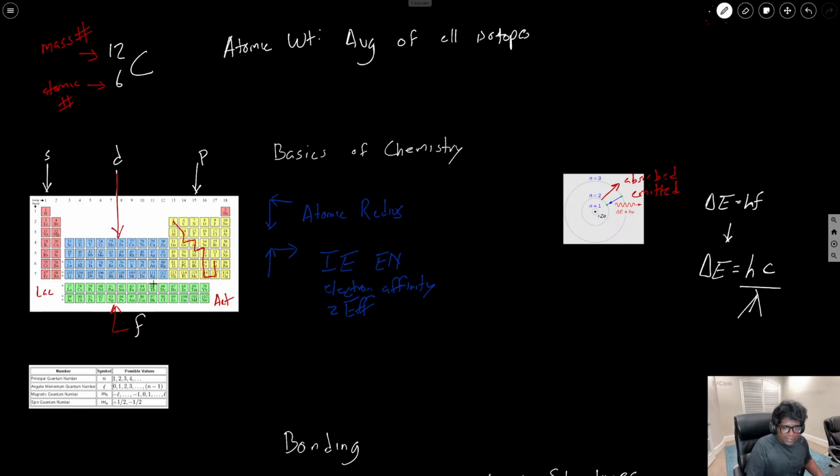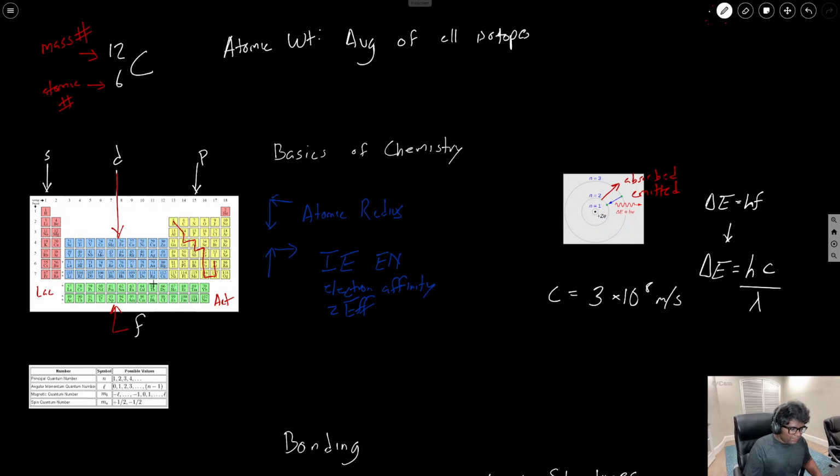It should be hf here. Anyways, if it's delta E equals hf, you can derive or manipulate it so that it's delta E equals hc over lambda, which is wavelength. c is the speed of light, which is 3 times 10 to the 8th meters per second. They'll never give it to you like this. It's just too easy to plug in. You'll have to know that you have to derive it like this.